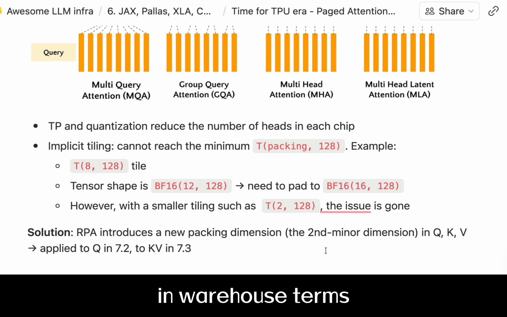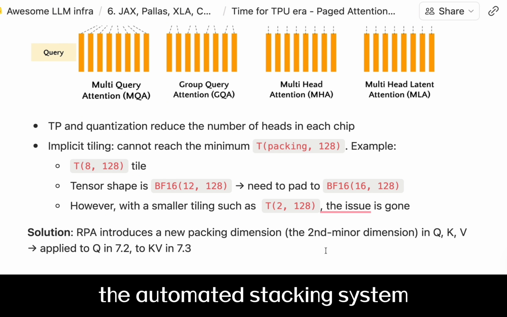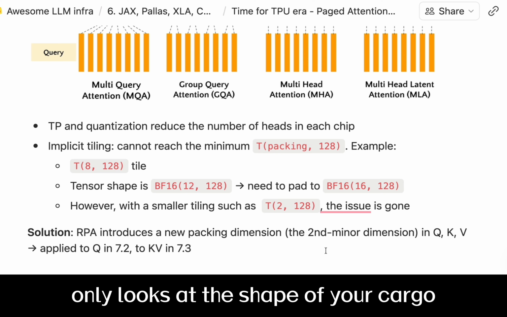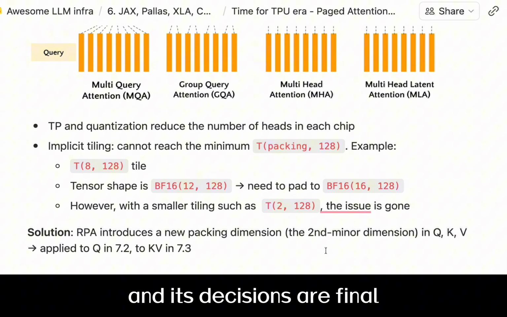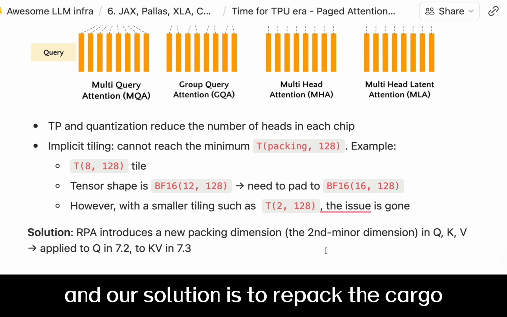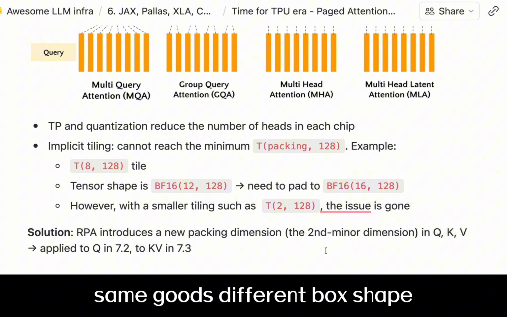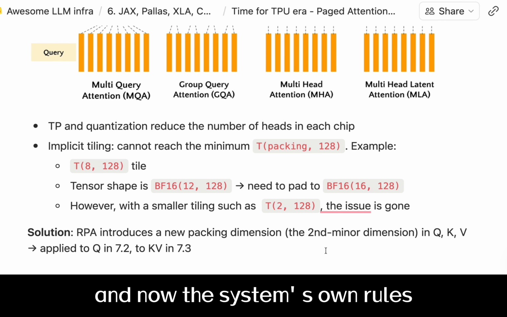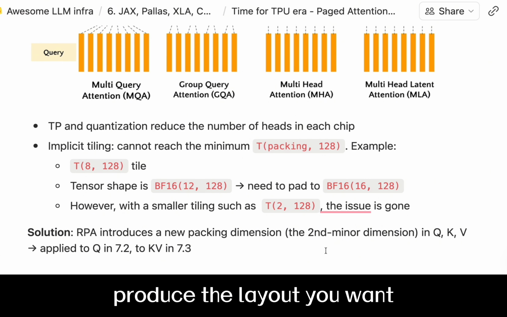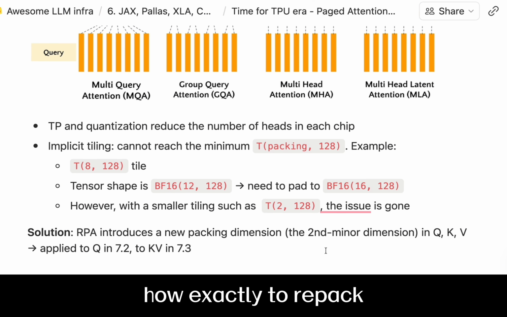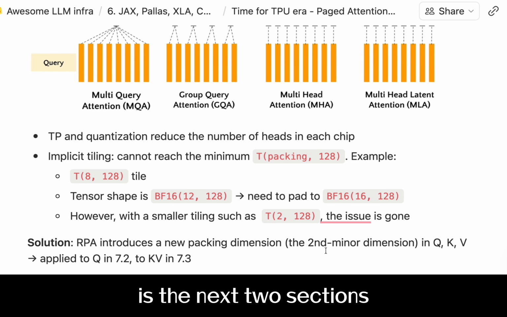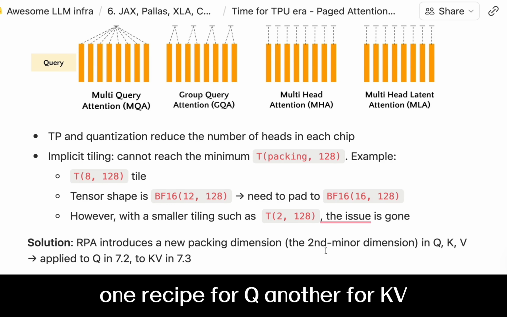In warehouse terms, the automated stacking system only looks at the shape of your cargo and its decisions are final. And our solution is to repack the cargo. Same goods, different box shape, and now the system's own rule produces the layout you want. How exactly to repack is the next two sections, one recipe for Q, another for KV.